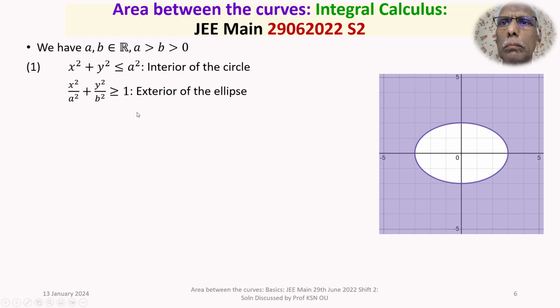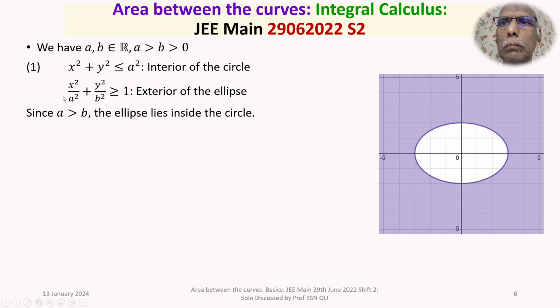So that means a is along this one, b is this, b is smaller, a is this. That means the ellipse lies inside this circle. Since a is greater than b, the ellipse lies inside the circle. Why? Because the circle has the radius a greater than b, and the ellipse has the semi-major axis a and the semi-minor axis b.